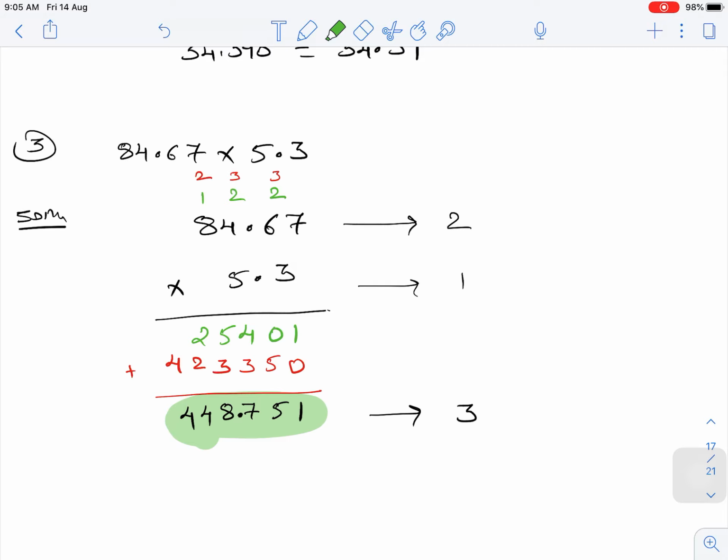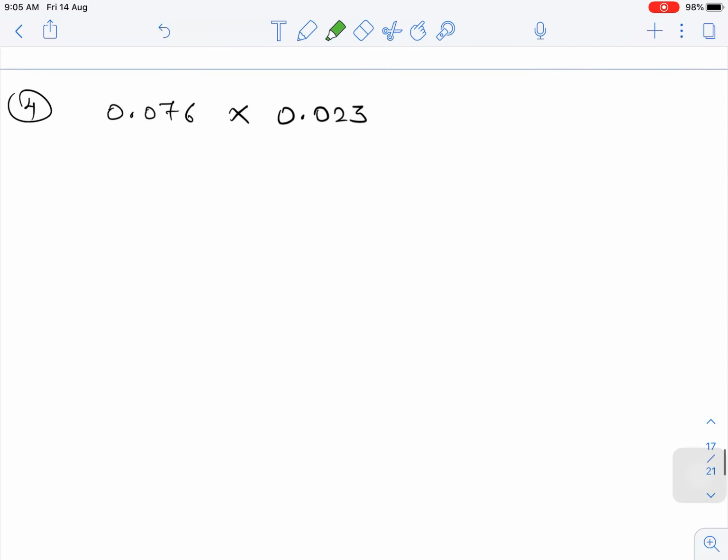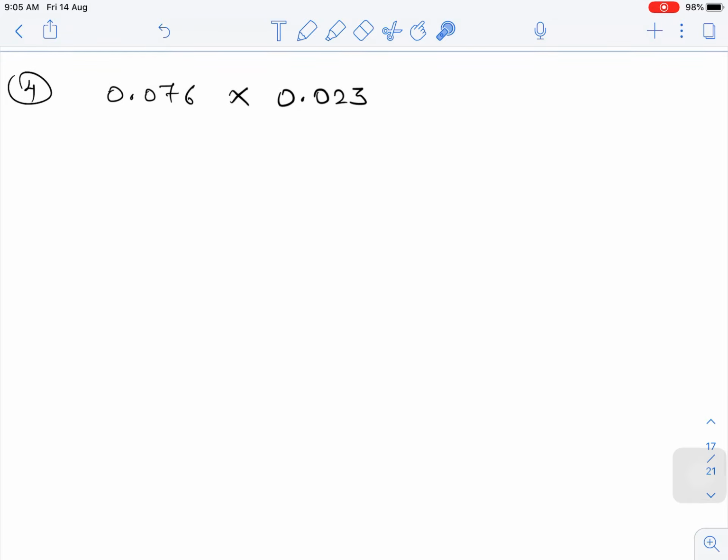Now in this way you have to do this multiplication. Now suppose we have both the numbers in this way: 0.076 into 0.023. In such examples we can avoid these decimals, so we'll remove the decimal. Suppose we have the number 0.076.